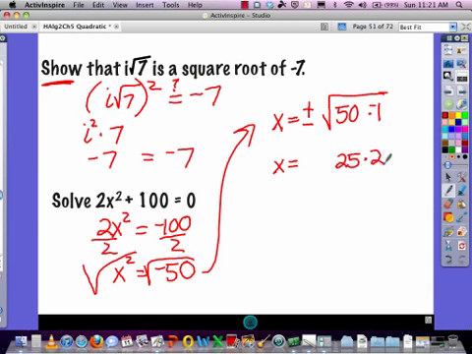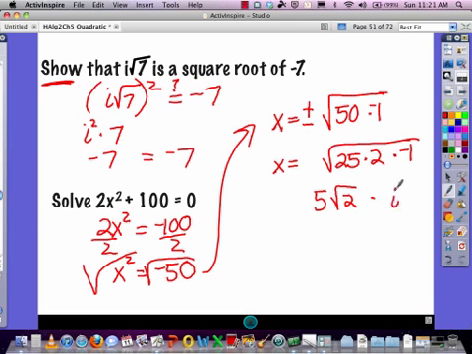And then that 25 is going to come out as a 5. The square root of 2 will still be there. So another name for the square root of 50 is 5 square root of 2. And then we still have that -1 hanging around, and that square root of -1 we said was i.